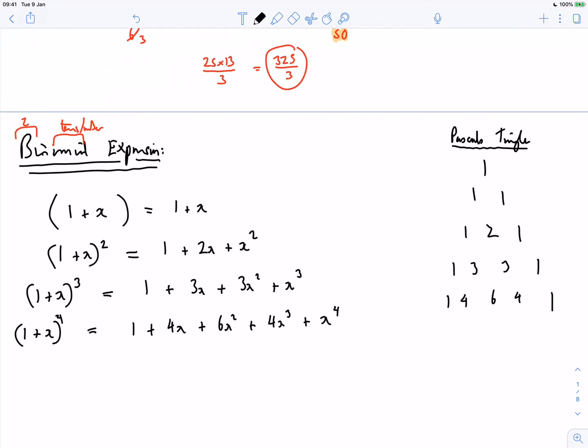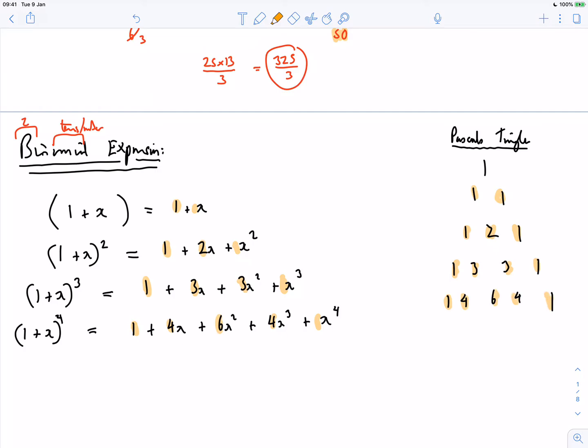You're probably thinking, okay, I spot there's 1 there and 1x, that's 1, 1. There's 1 there, 2 and 1x squared, so that corresponds to 1, 2, 1. There's 1 there, 3, 3 and 1, so that corresponds to 1, 3, 3 and 1. And this is 1, 4, 6, 4, 1, and this is 1, 4, 6, 4, 1.